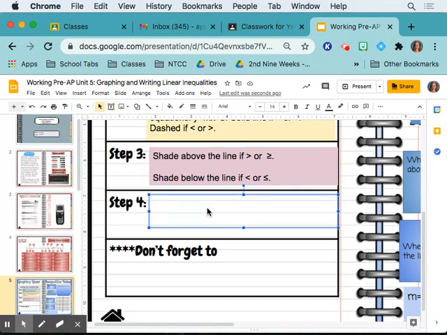And then step 4, we are going to check a point by substitution. So we are going to use substitution to check a point in the shaded area. You'll pick a point that's in that shaded area, plug it in, and see if it actually works out.